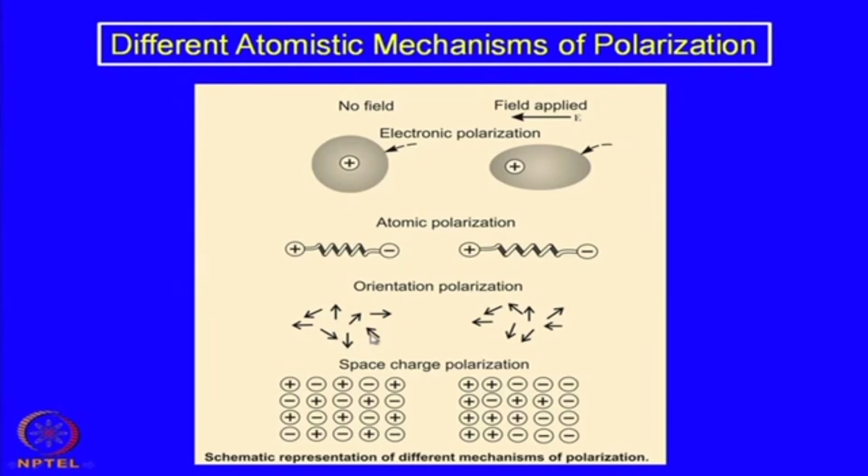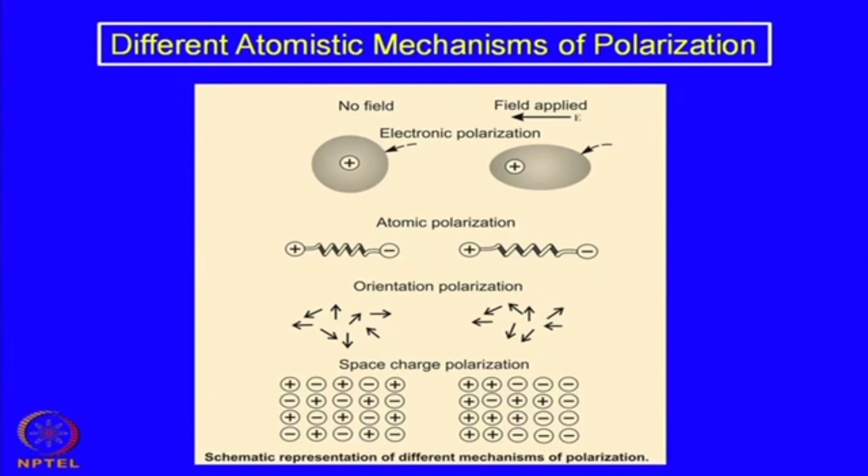Then there is a third kind of polarization, what we call orientation polarization. This is a very special case in some materials, not in all materials. In some of the materials there is already a dipole moment present. We will see a group of materials called ferroelectric materials, where, just like ferromagnetic materials have magnetic dipoles, here in ferroelectric materials you have electric dipoles already present because of certain crystallographic nature of that particular structure.